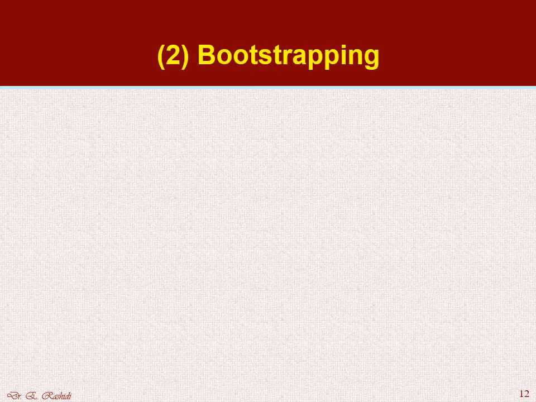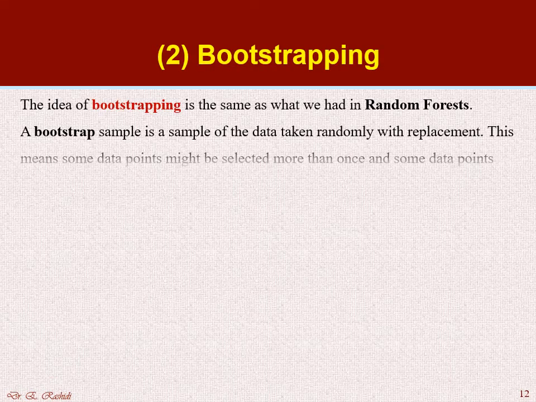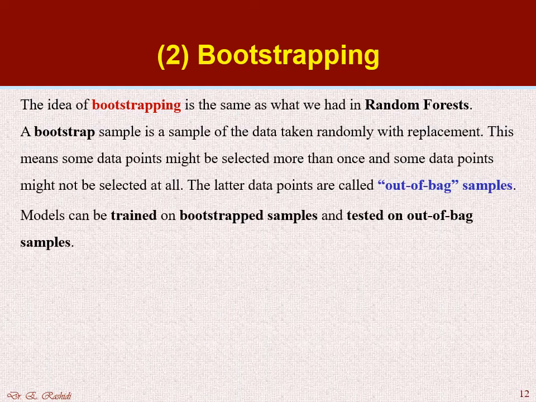Another method of resampling is bootstrapping, that we have seen before. The idea of bootstrapping is the same as what we have seen in random forest. A bootstrap sample is a sample of the data taken randomly with replacement. This means some data points might be selected more than once, and some data points might not be selected at all.